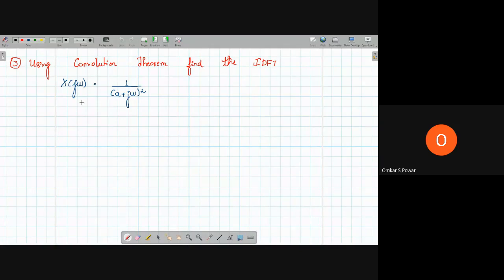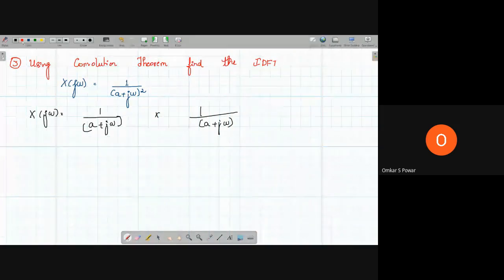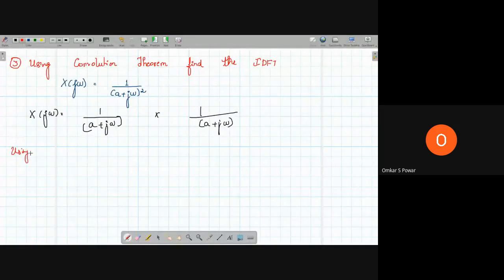So how do you go about this problem? This x of j omega, I can write as 1 by a plus j omega into 1 by a plus j omega. Now what property can you use? I will use the convolution property. So what is the convolution property?